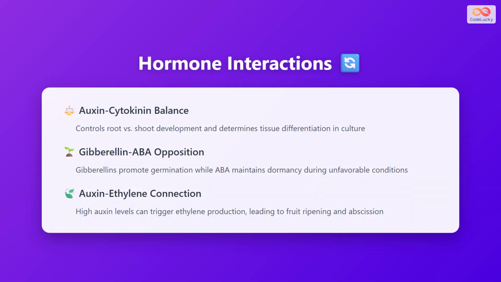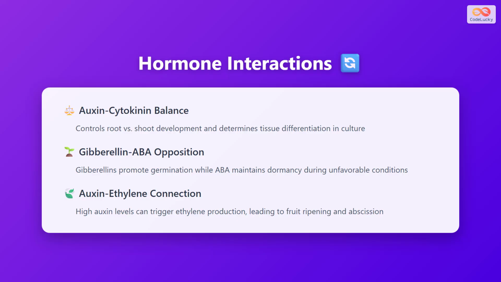Plant hormones rarely work in isolation. Instead, they interact with each other to fine-tune plant responses. The balance between auxins and cytokinins is crucial for determining whether a plant develops more roots or more shoots. In tissue culture, scientists manipulate this ratio to control organ formation and produce specific plant structures. Gibberellins and abscisic acid work in opposition to each other.